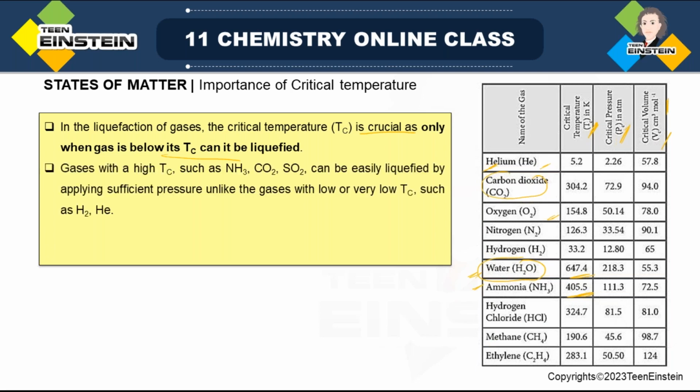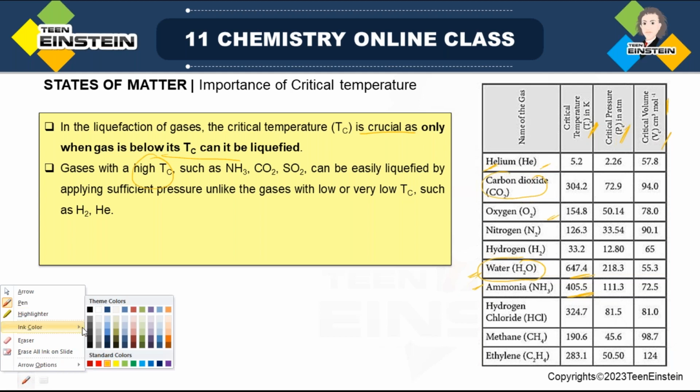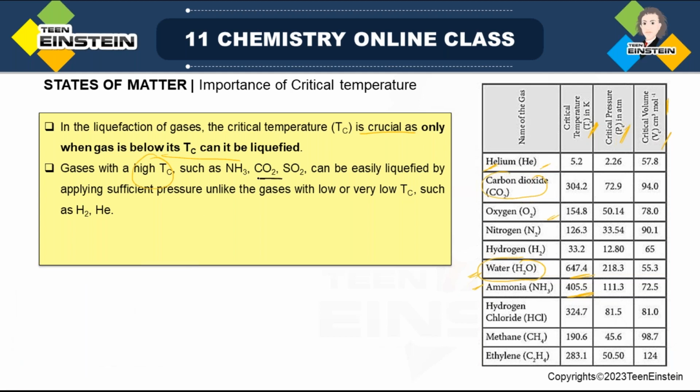So what information can we draw? Gases with a high TC, such as ammonia, water, and CO2, can easily be liquefied by applying sufficient pressure, unlike the gases with a very low TC. For helium or hydrogen, the critical temperature is so low.